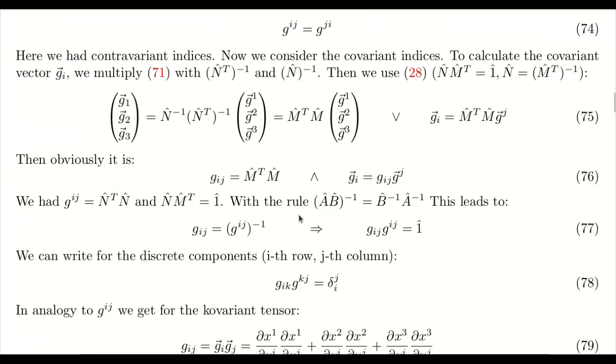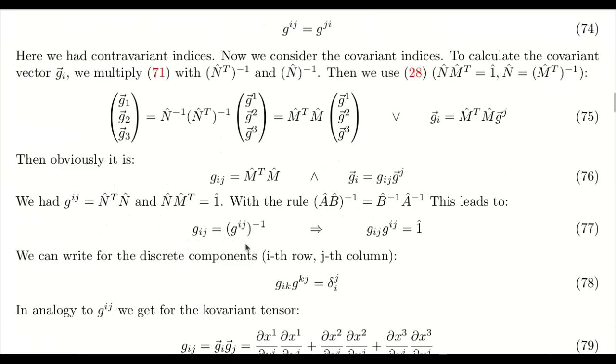So that means here we would get n inverse multiplied by n transposed inverse. And that is exactly what we have here. And so this means obviously that the covariant G matrix is the inverse of the contravariant one. So we can write this.